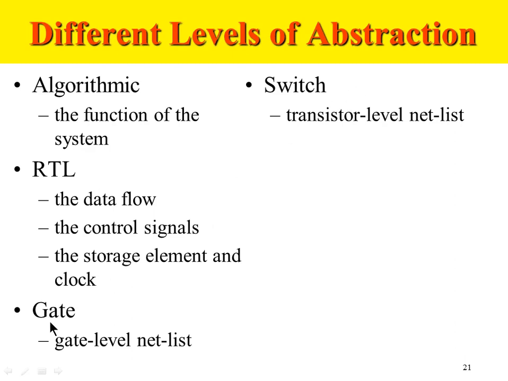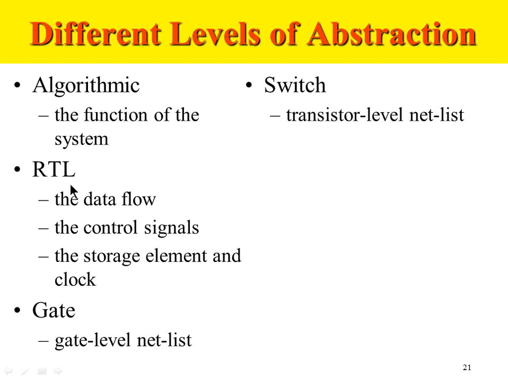It could be the basic primitive gates like AND gate, NOR gate, etc. Or it could be some other basic blocks like combinational circuits, adders, subtractors, and other things. Or it could be sequential circuits like latches, flip flops, etc. So that's the next level of abstraction that a design can be represented in.